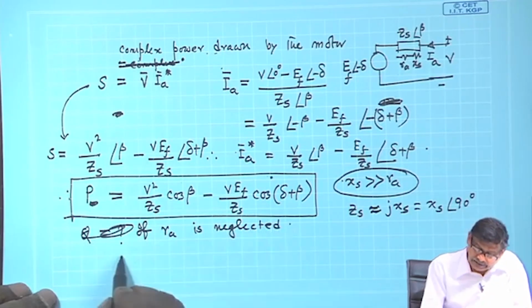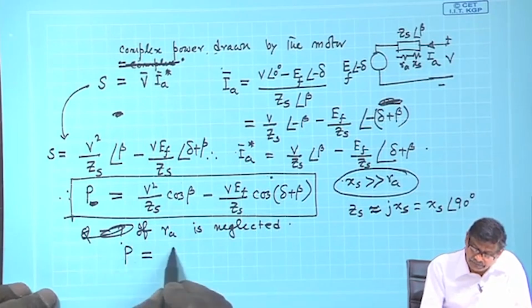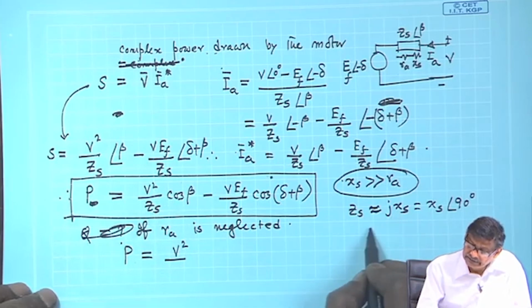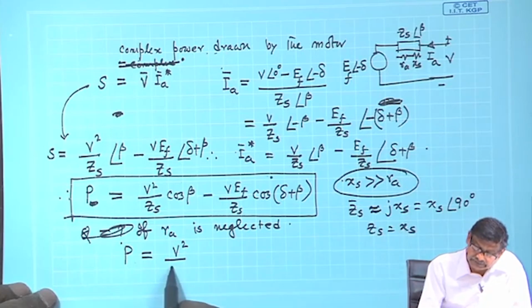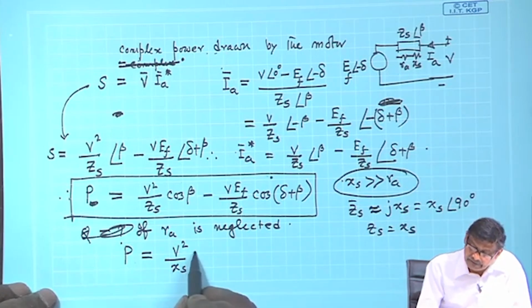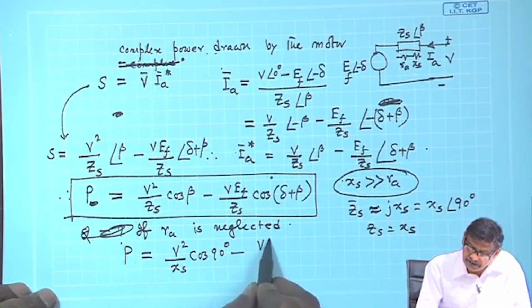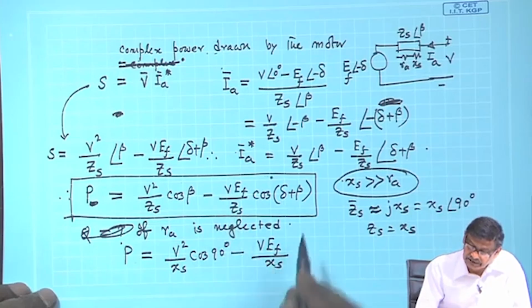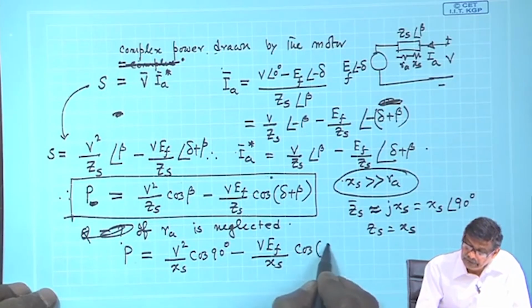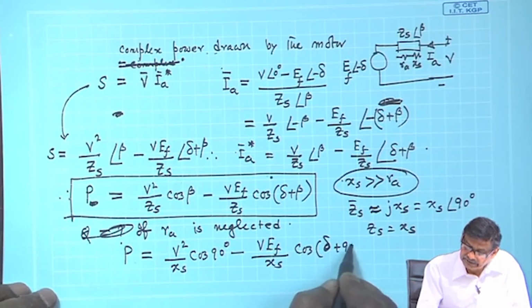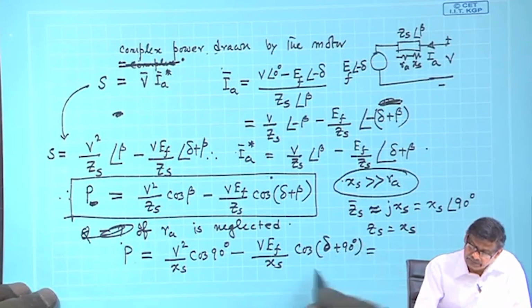Then the power drawn will be V square by Z magnitude, which will be only X s. So, V square by X s and cos 90, this fellow goes, and minus V E f by X s, magnitude of Z s, into cosine of delta plus 90 degree, and cos of 90 plus delta is minus sin delta.